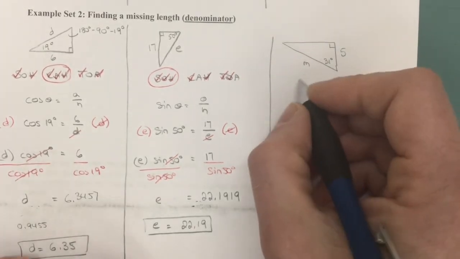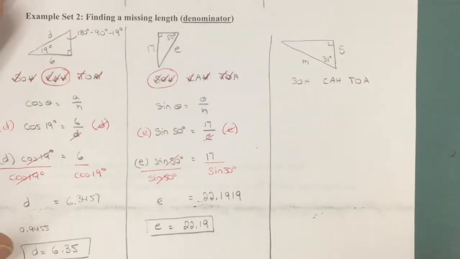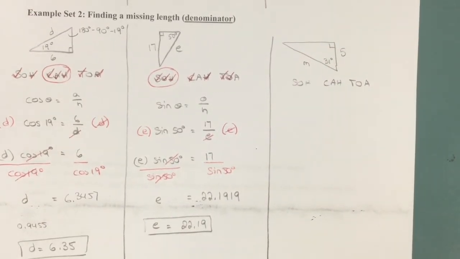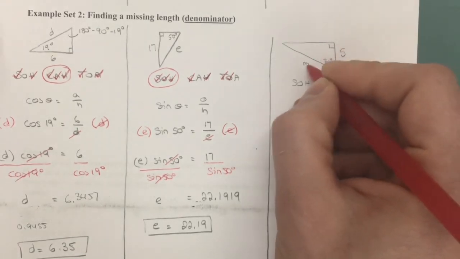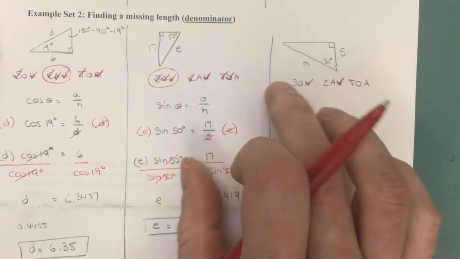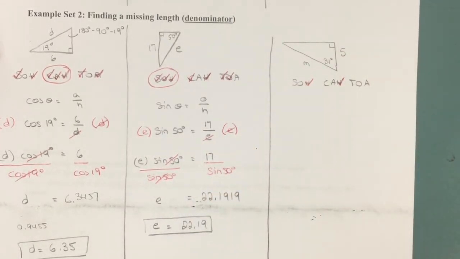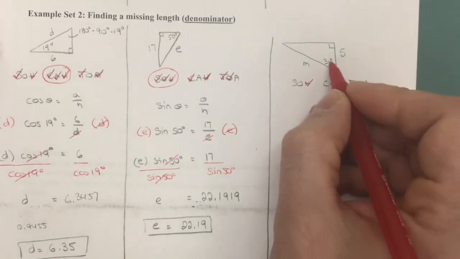Again, we will start with the acronym. First thing you want to identify is the hypotenuse. If you don't have a right angle, you can't use this, and that's why you need to make sure that you identify the hypotenuse first. Next, you look at the angle.